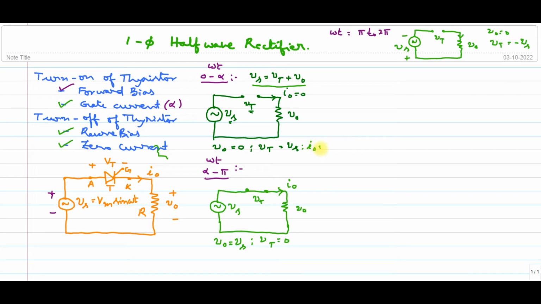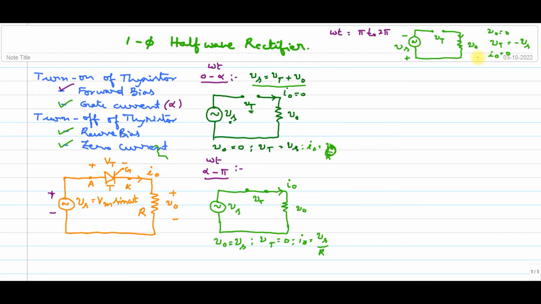So I naught is equal to V naught divided by R, and everywhere I naught is V naught divided by R. So here V naught is 0, so this part is 0, and here V naught is Vs, so it is Vs by R. So V naught is always following Vs. Here also there is no Vs, so I naught equals 0.